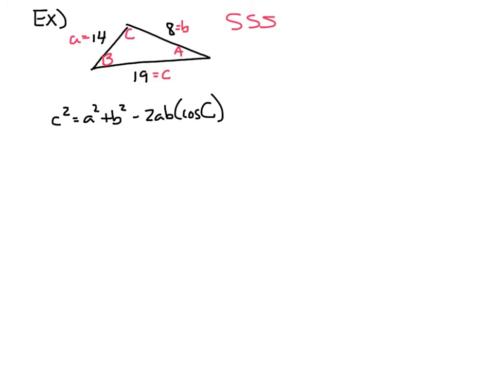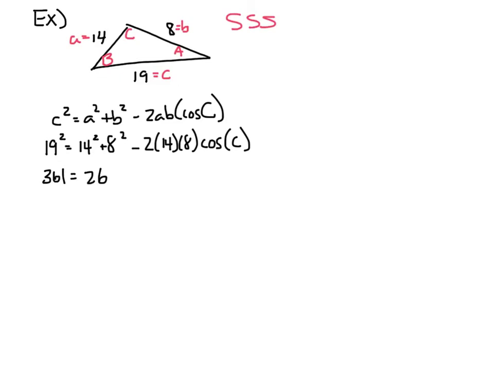Now I just fill these things in. C squared, that'd be 19 squared equals 14 squared plus 8 squared minus 2 times 14 times 8 times the cosine of C. Okay, so we have 361 is equal to 260 minus 2 times 14 times 8, which is 224, times cosine of C. Alright, so be careful to remember your order of operations.